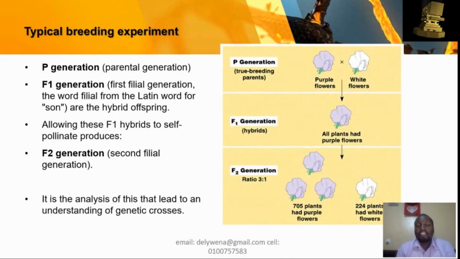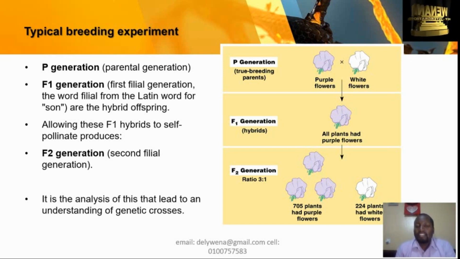Now, that is the practicality of that. You can see the purple in the first generation. The purple was crossed with the white, and it's believed that those were true breeding, or what we call the pure breeds. And all the F1 generation were purple.